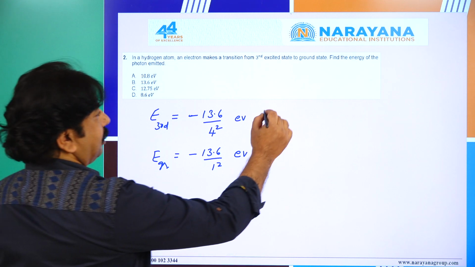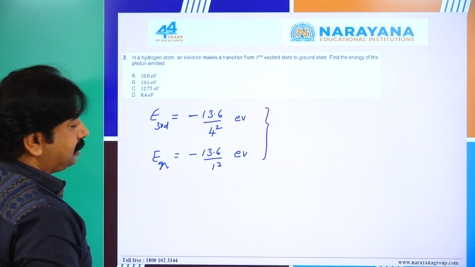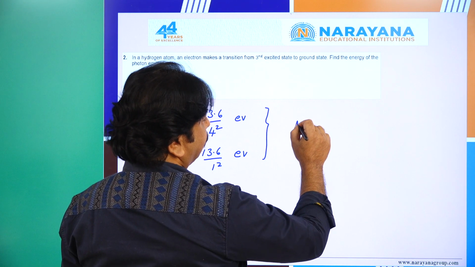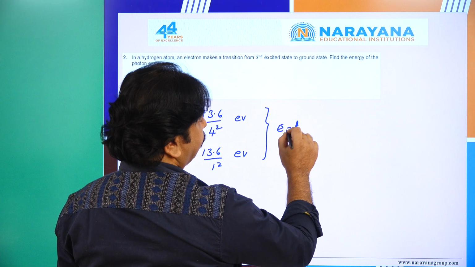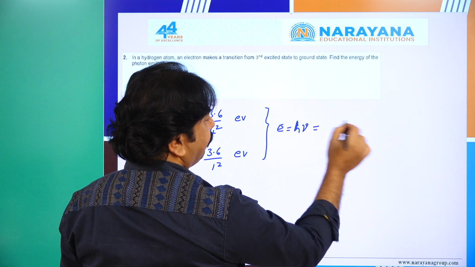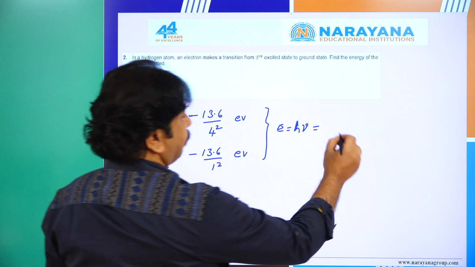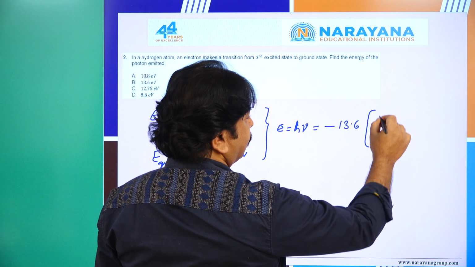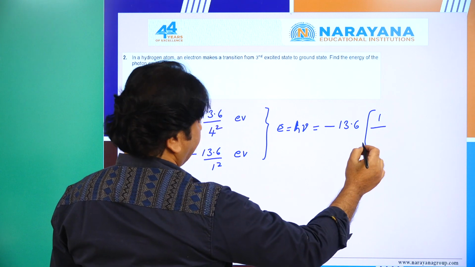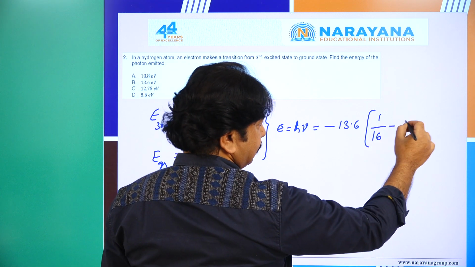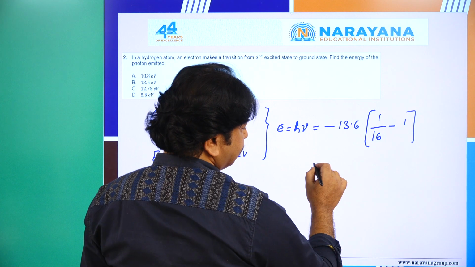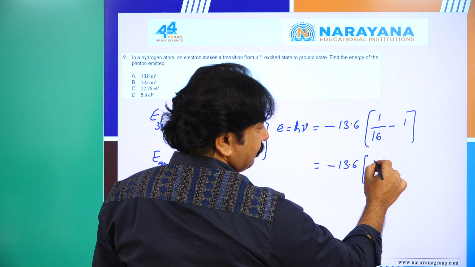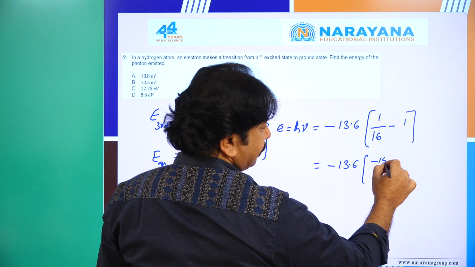Now, as it jumps from the third excited state to the ground state, the energy released is E is equal to h nu, that should be equal to minus 13.6 into 1 by 16 minus 1. This is equal to minus 13.6 into minus 15 by 16.